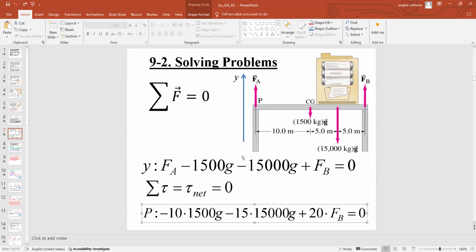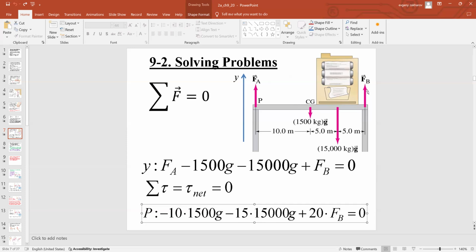And once again, this force would create rotation in the clockwise direction. That means the torque is going to be negative. So this is another negative. 15 is the moment arm because it's 10 and 5 meters, and 15,000 g is the force of gravity from this printing press. So moment arm times the force.